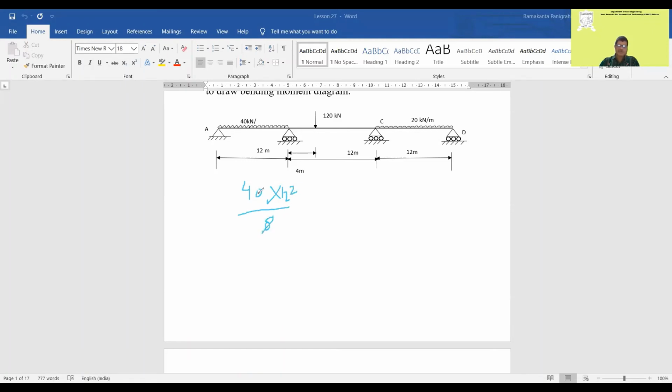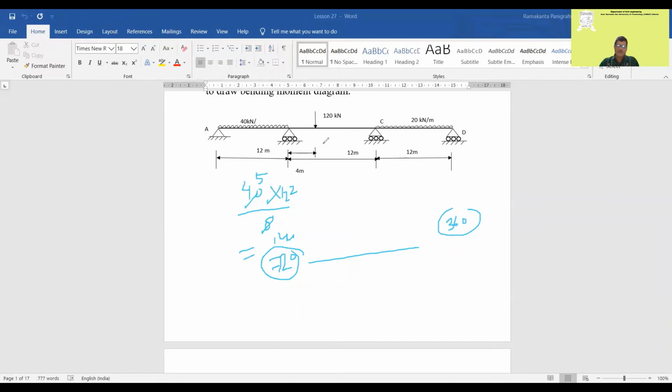L square is 144, into 5, becomes 720. So 720 is the ordinate for this. And here it is 20 kilonewton meter and also 12 meter span, so half of it, 360 here.